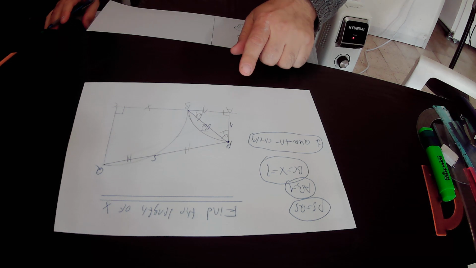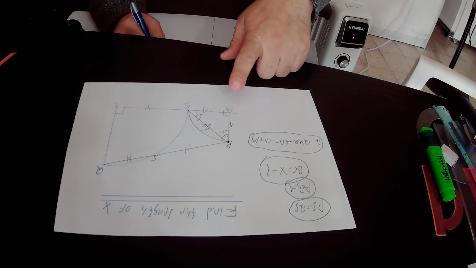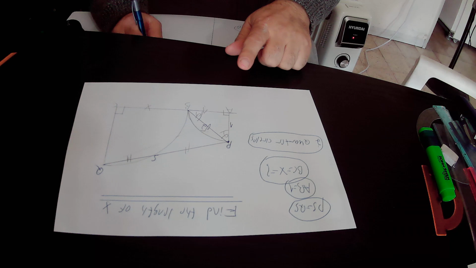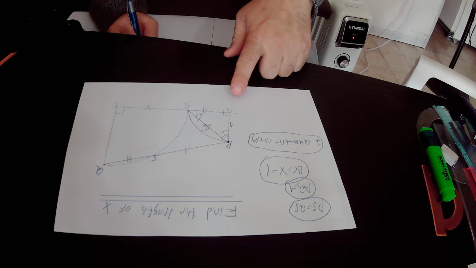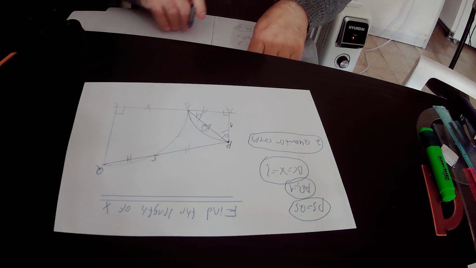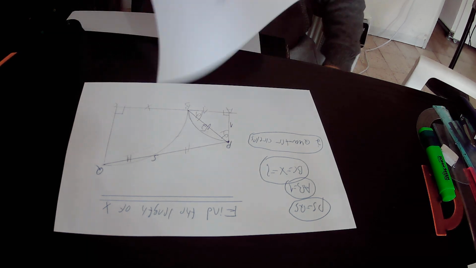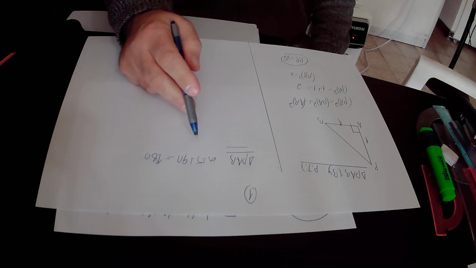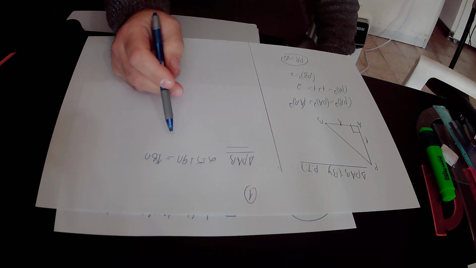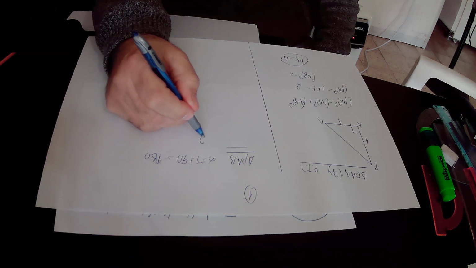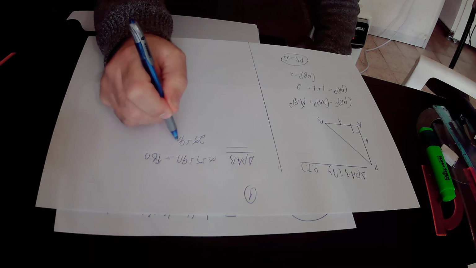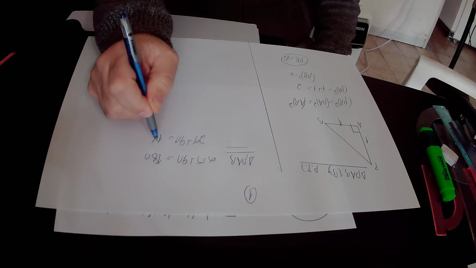We have alpha plus alpha plus this angle, which is equal to 90 degrees. In total, it must be equal to 180 degrees. So alpha plus alpha is 2 alpha plus 90 degrees equals 180 degrees.